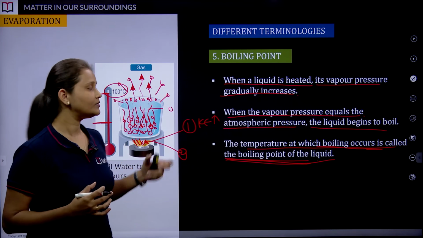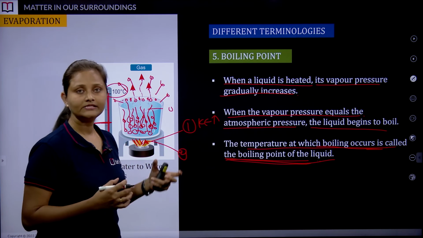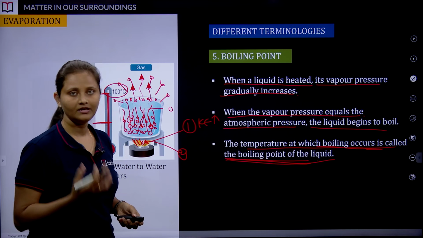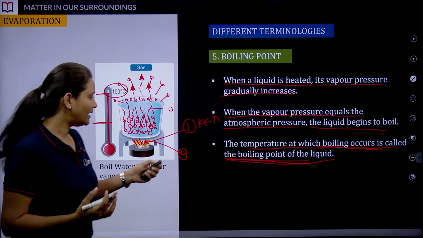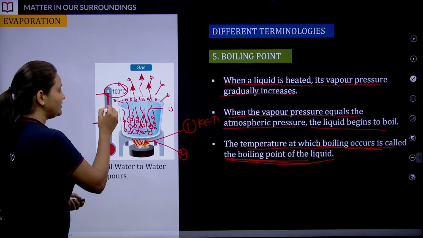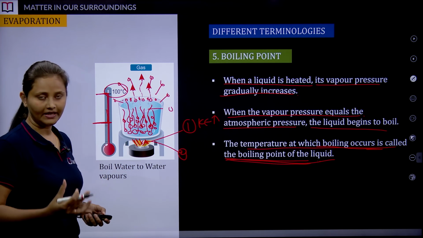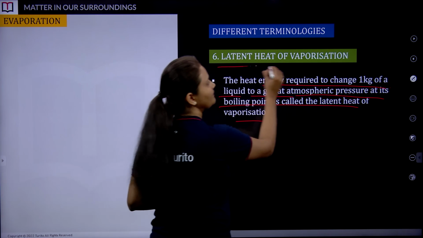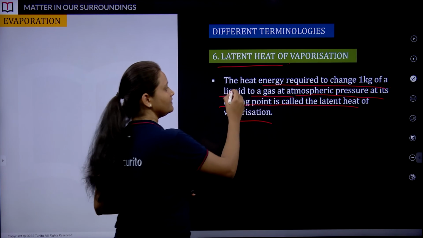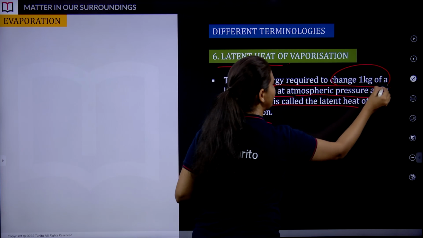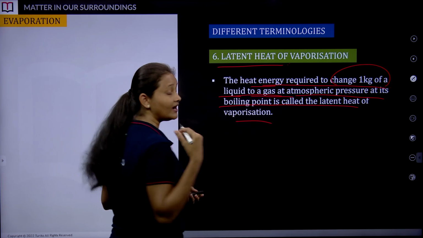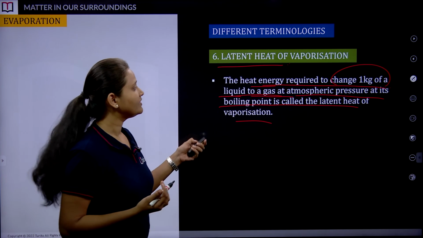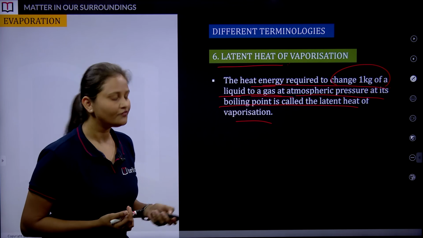When it is equal to the atmospheric pressure, we say the liquid is boiled. But our thermometer couldn't read that extra heat, which is nothing but the latent heat of vaporization. The heat energy required to change 1 kg of liquid to gas at atmospheric pressure is the latent heat of vaporization.